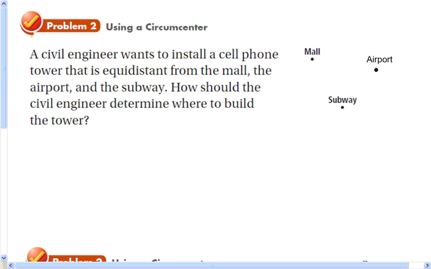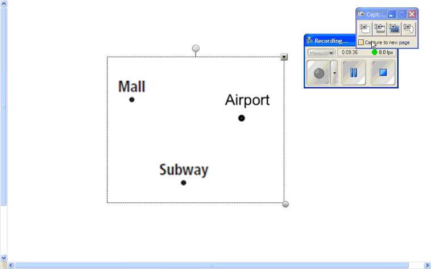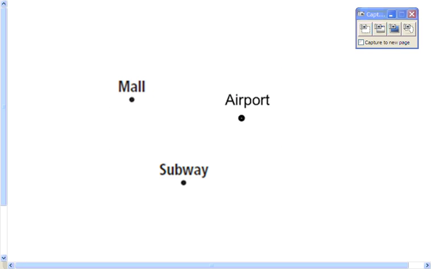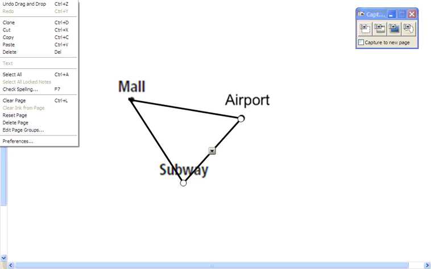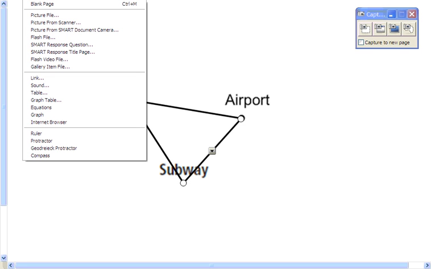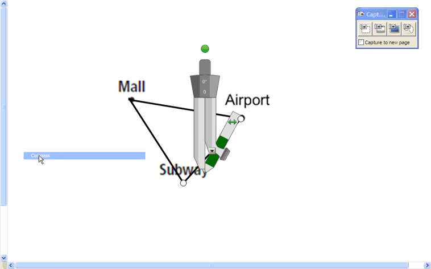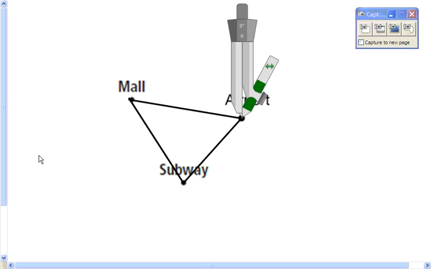So I'm going to copy that, put it on another page. I'm going to draw in the triangle. I'm going to use some tools to help with this, so that I can find the perpendicular bisectors of the sides.